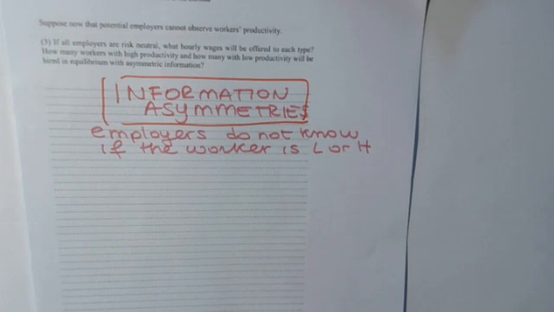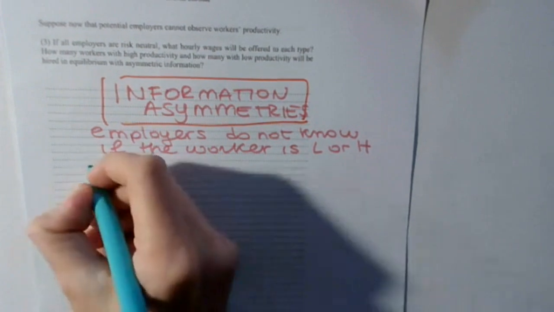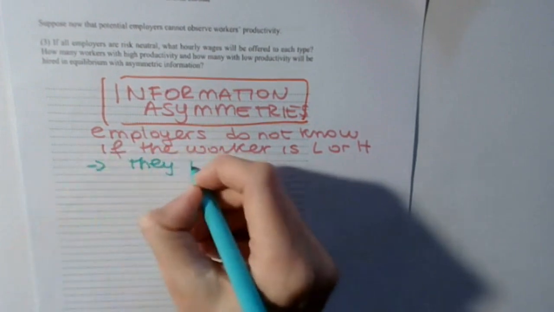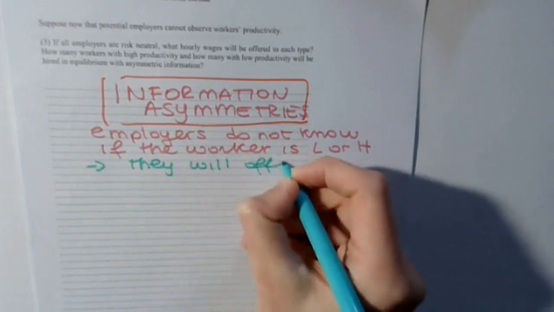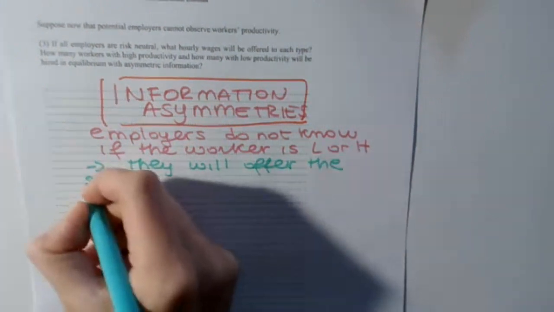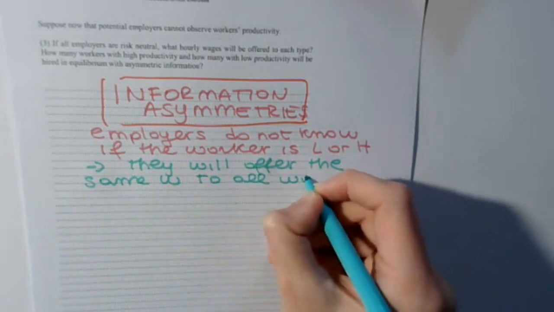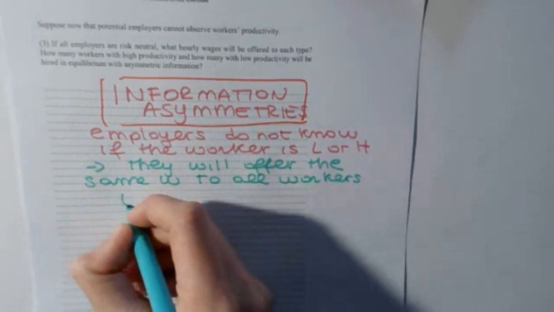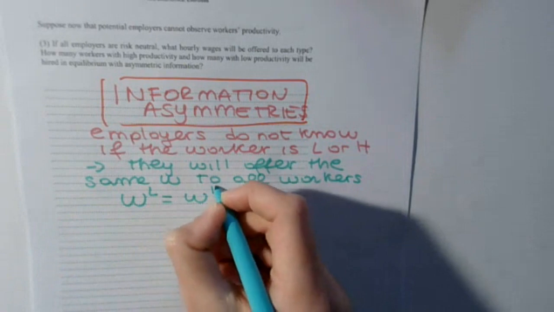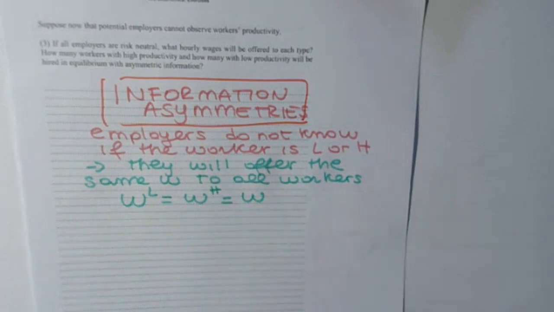Since they don't know if the worker is L or H, employers will offer workers the same hourly wage. So they will offer the same wage to all workers. So WL equals WH equals W now. They are all the same, okay?